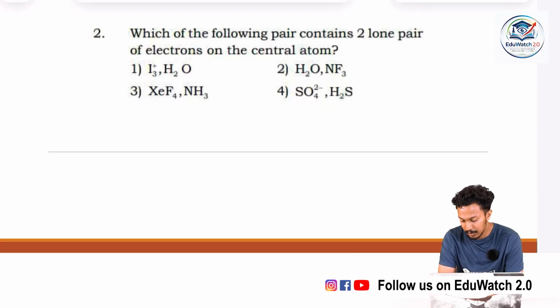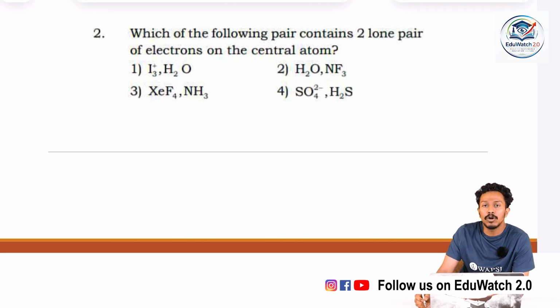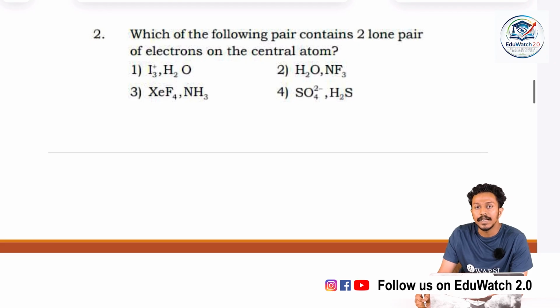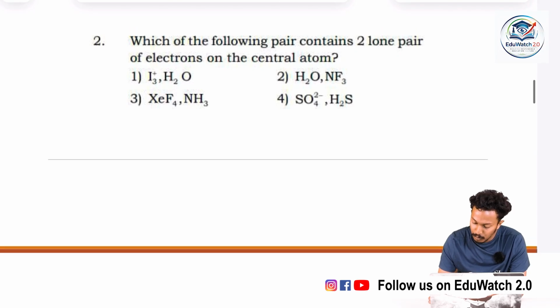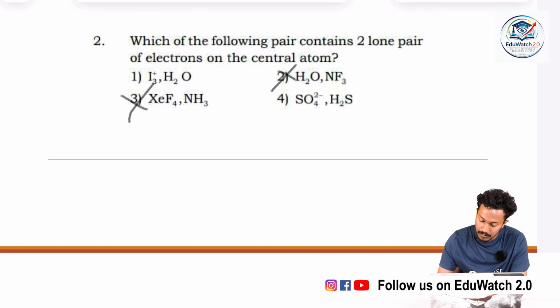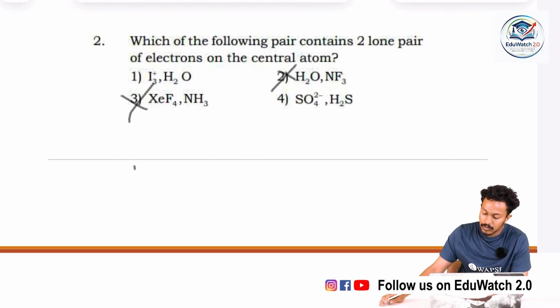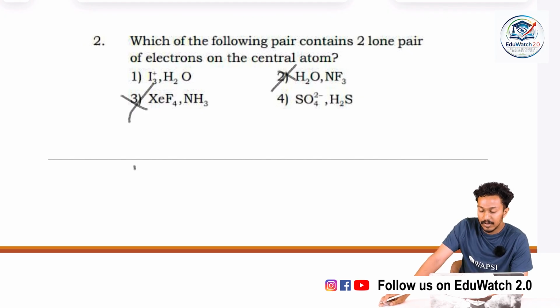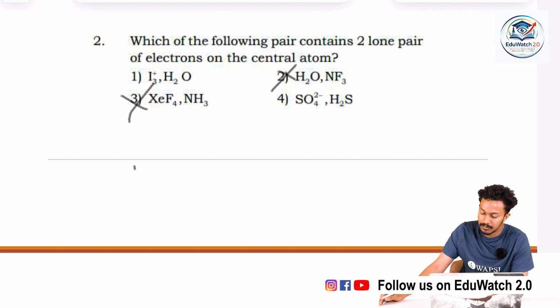Moving on to the second question: which of the following pairs contains two lone pairs of electrons on the central atom? We can rule out ammonia and NF3. We all know that ammonia contains only one lone pair of electrons, so we rule out options 3 and 2. On our hand, we have I3 plus and water, and SO4 2 minus and H2S.